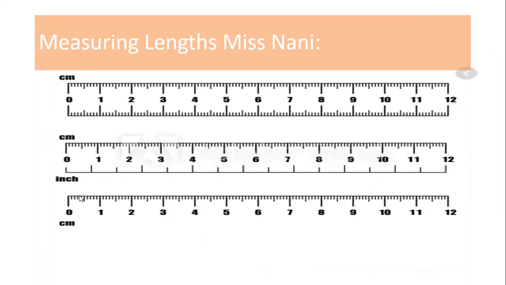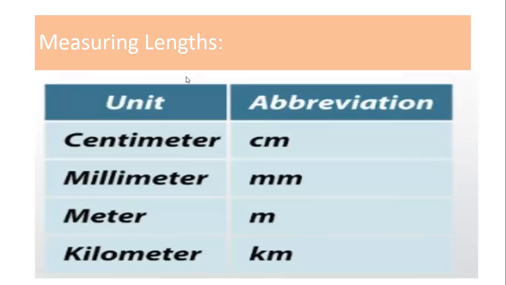And the small dashes are millimeters. 1 millimeter, 2, 3, 4, 5, 6, 7, 8, 9, and 10 millimeter. So 1 centimeter equals 10 millimeter.